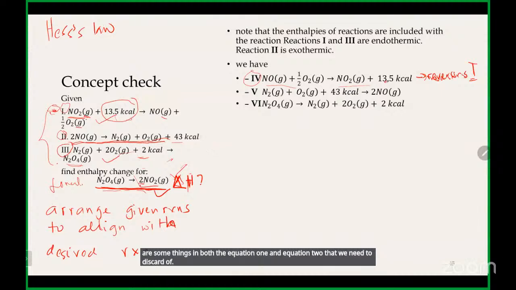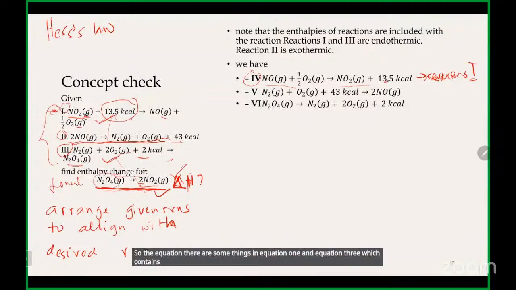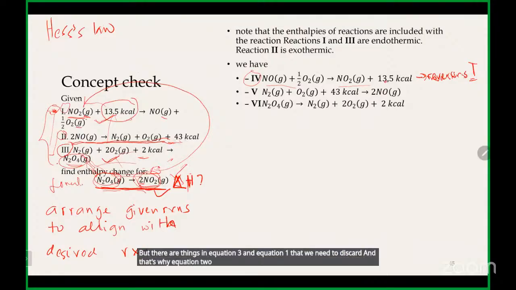Equations 1 and 3 contain the species that we are interested in. So N2O4 is here, N2O4 is here. NO2 is here, NO2 is here. But there are things in equation 3 and equation 1 that we need to discard of, and that's why equation 2 was given. That helps us to get rid of those ones.